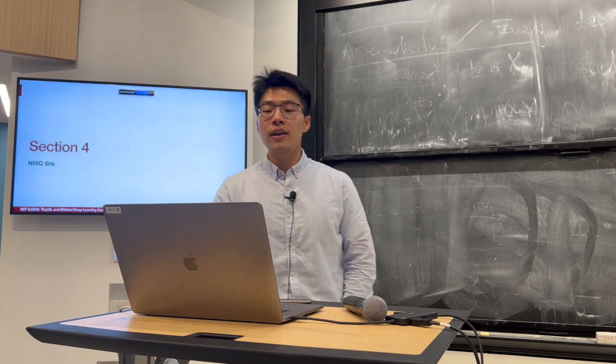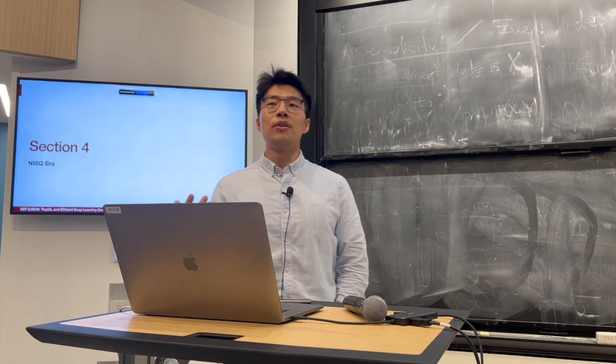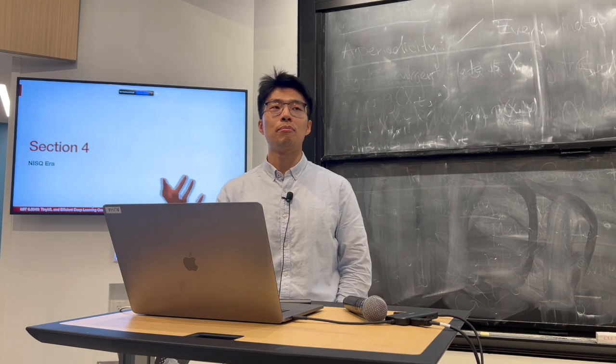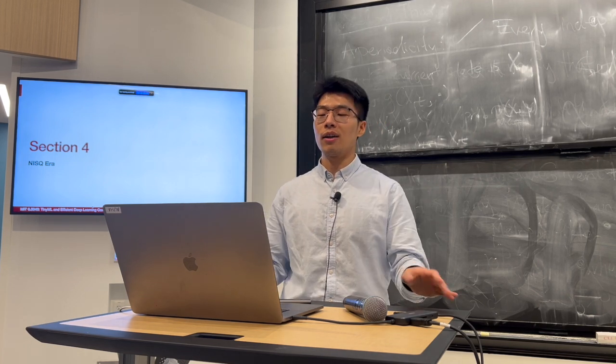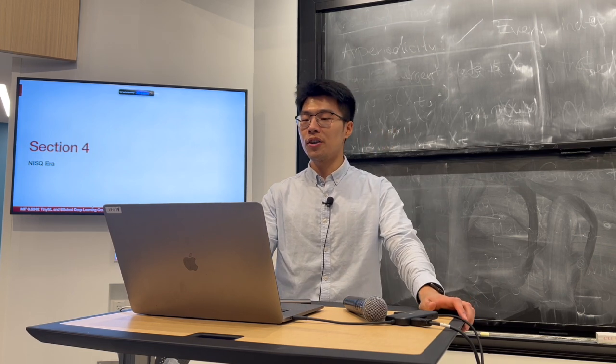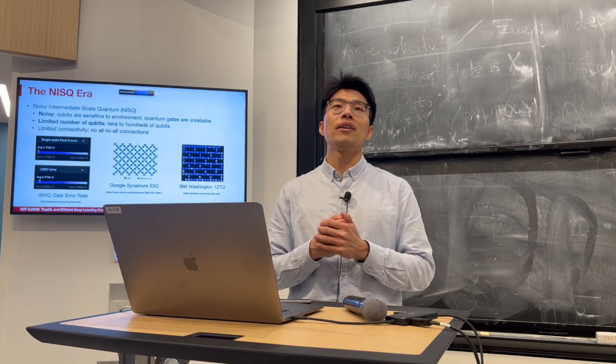All right, so now we have the idea on the algorithm side of what we can do to manipulate the state of the quantum bits, what gates we can perform, and what the basic quantum machine learning models are. On the device side, we are going to introduce some basic ideas of the noisy intermediate-scale quantum era.